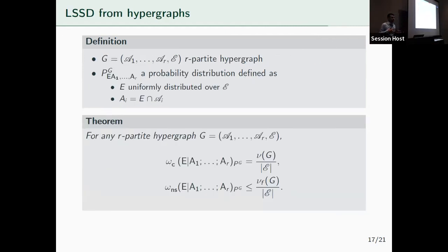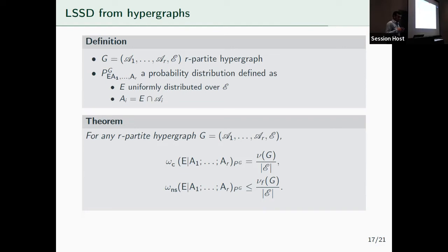Now, I want to reduce this problem of finding matching in tripartite graphs to LSST. Given any R-partite hypergraph, I define an LSST in the following way. I sample one hyperedge at random. It has exactly R vertices. I give one vertex to each party, and each party, based on the vertex that it receives, should guess what is the edge that I sampled.